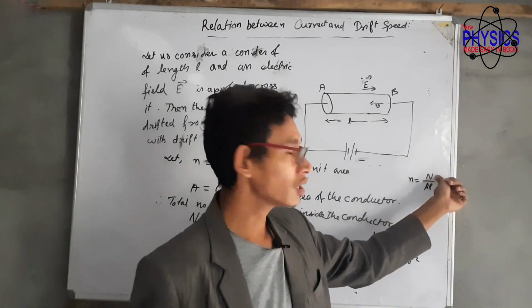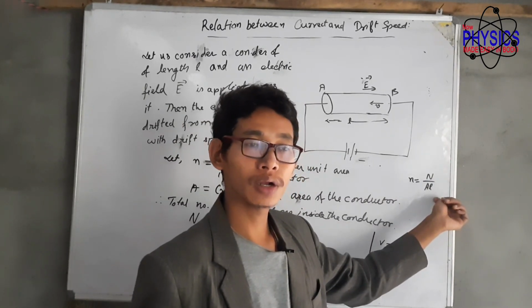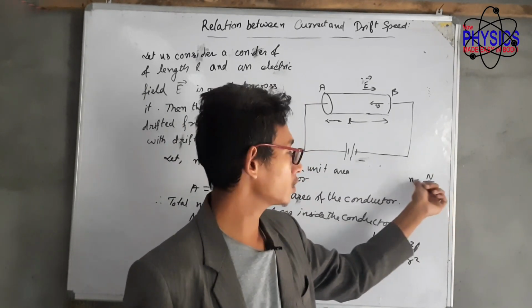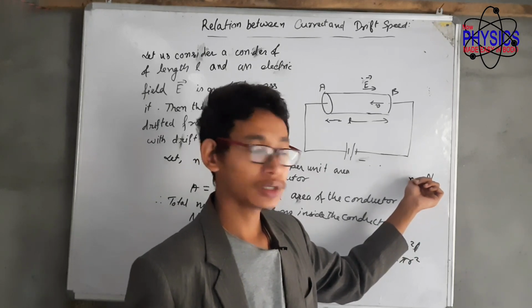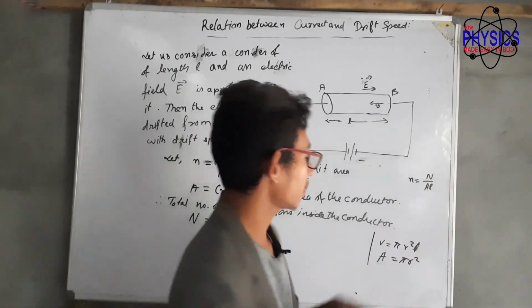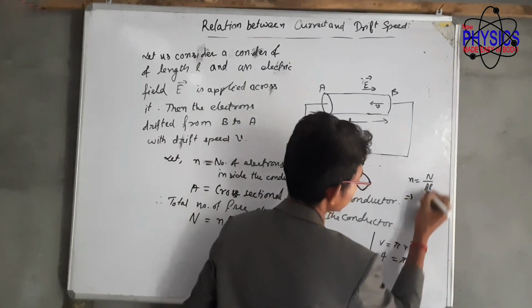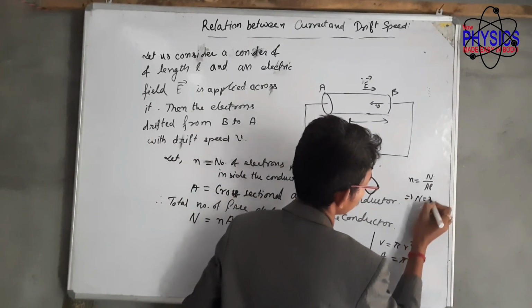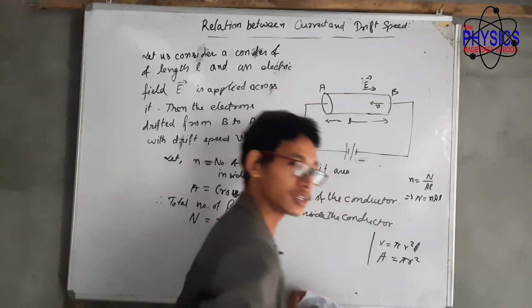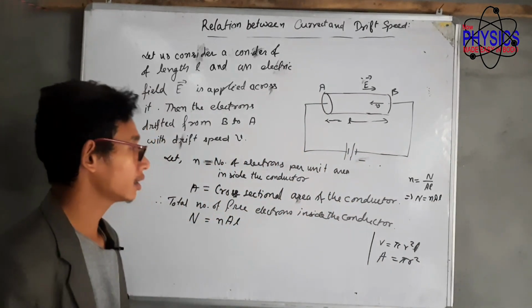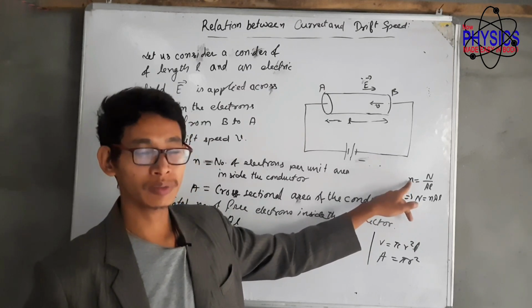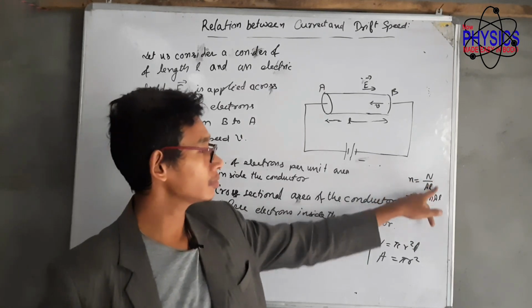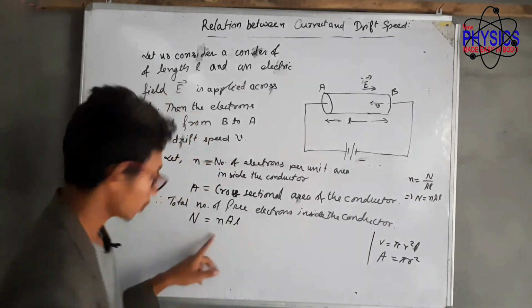That means total number of electrons divided by total volume. So if you again rearrange this, N equals nAL. Understood? Small n means number of electrons per unit volume.